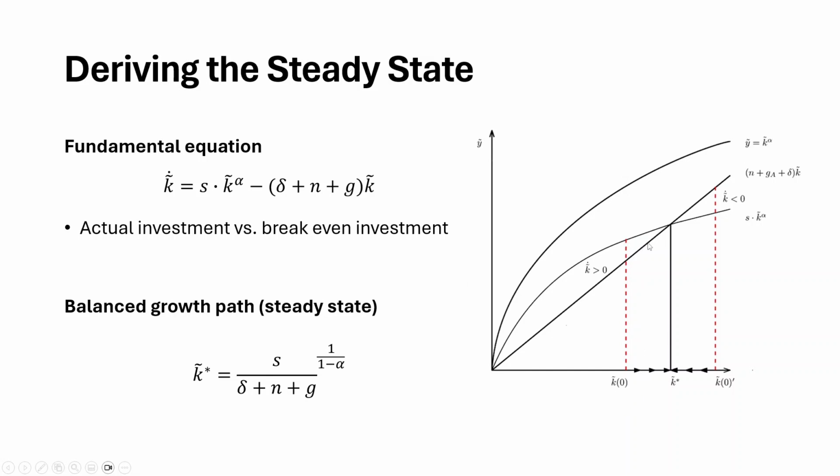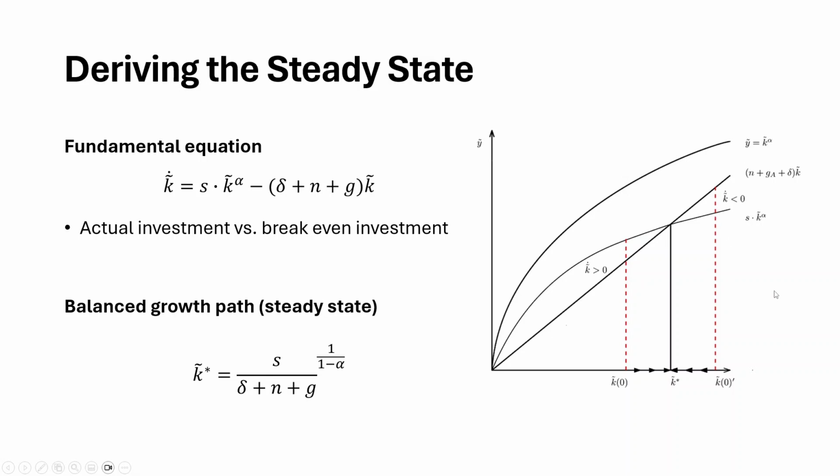And then in an iterative process, this will approach this level of k tilde star. By the reverse logic, if you start here at k0 dash, we're going to have a level where our break-even investment curve is going to be higher than our savings curve.